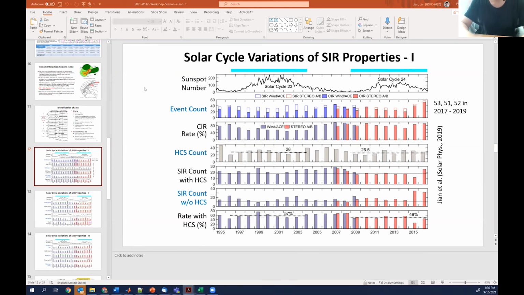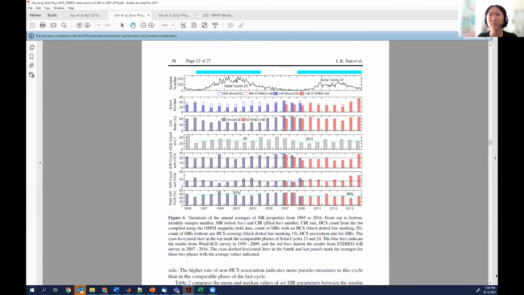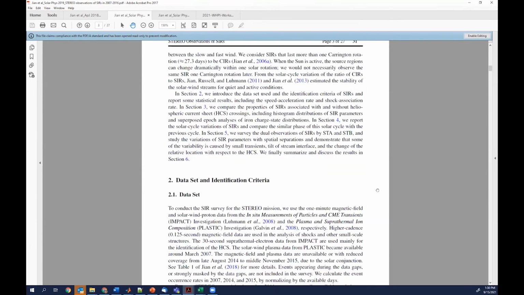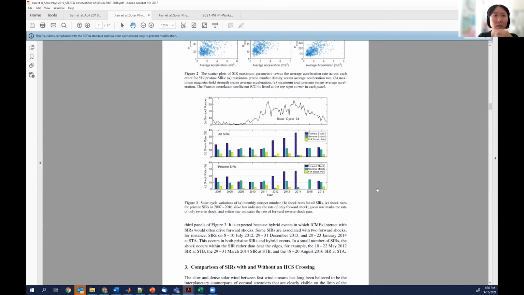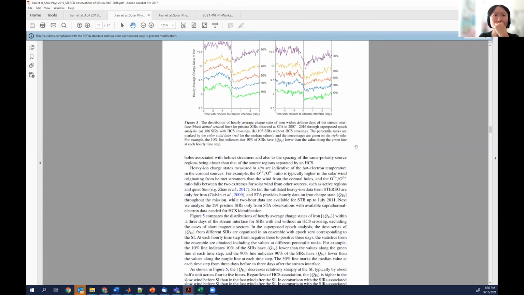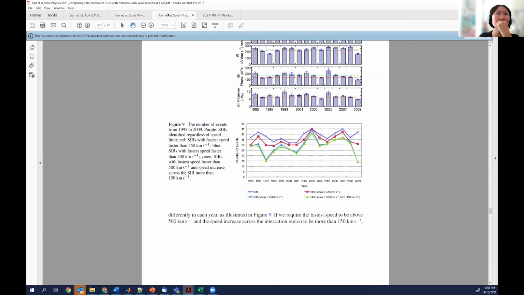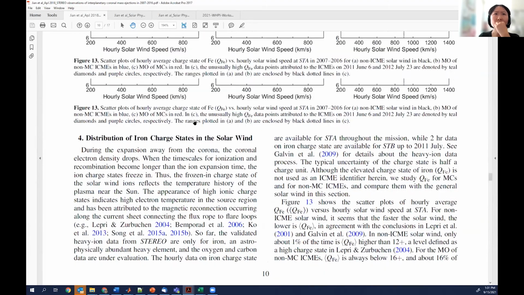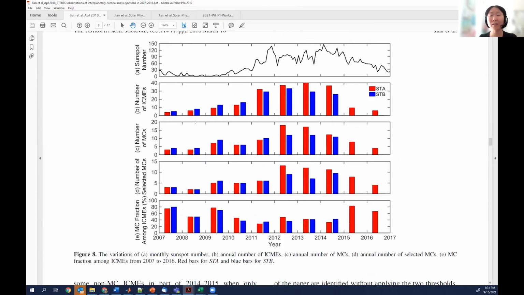Maybe I compare STEREO A and STEREO B. The event count can differ noticeably between A and B as well.